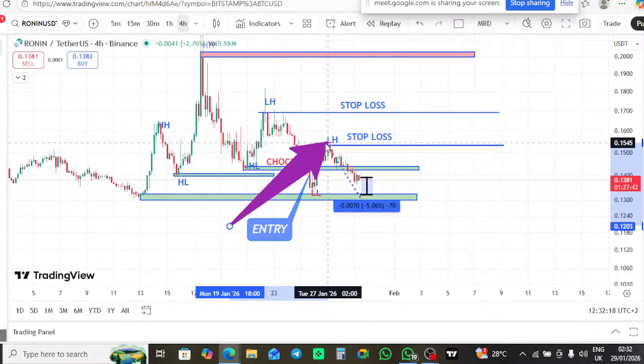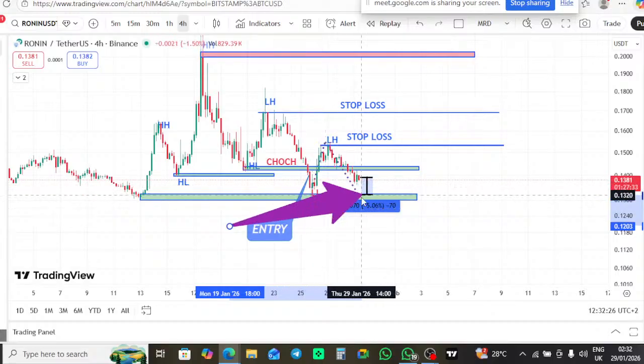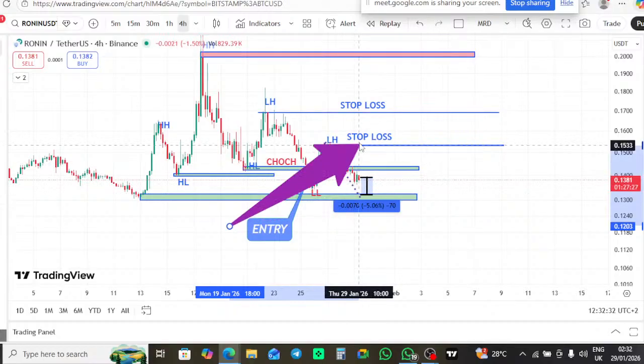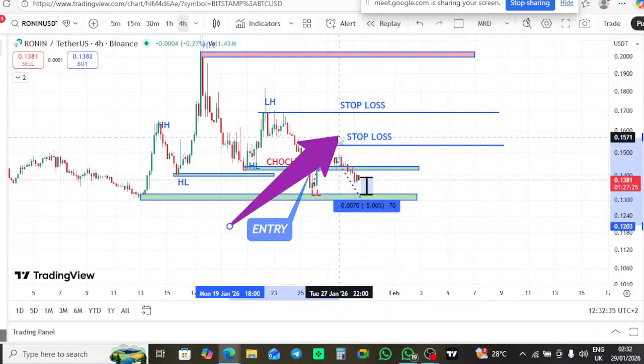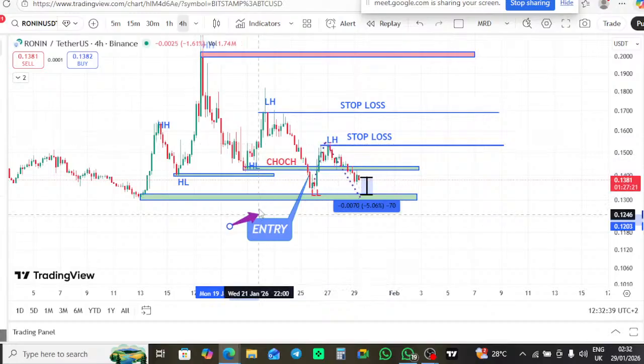Why? Because we all know from lower high, the market is going down to break the lower low. And that's why we are targeting the lower low. It is our take profit. And we know the market will not go back to this level. It's lower high. If we break this level, then that is change of character. Let the market hit us out.